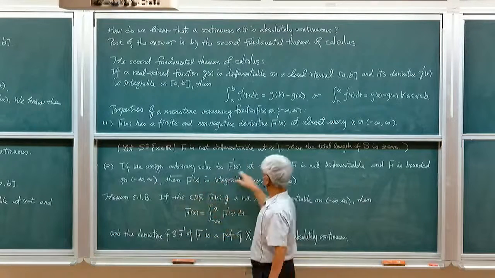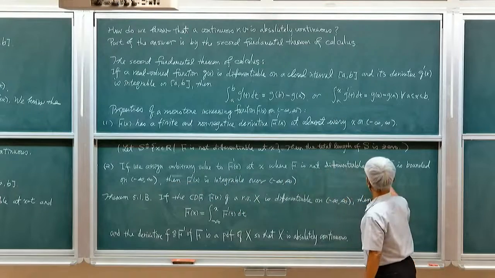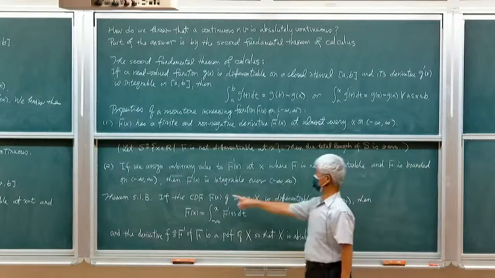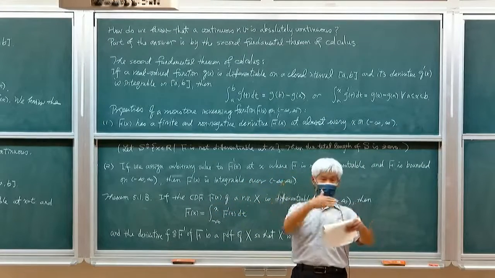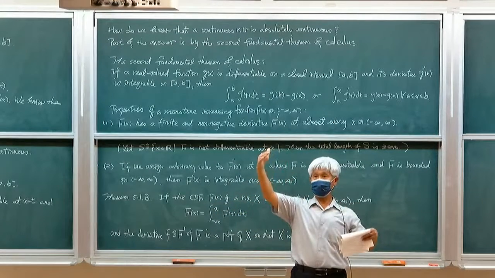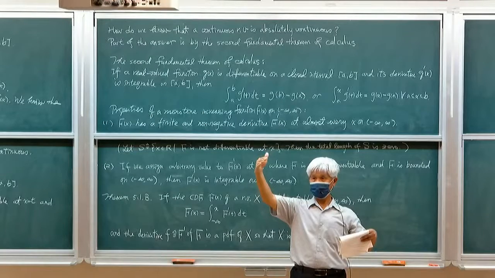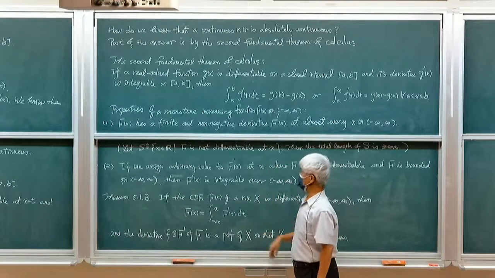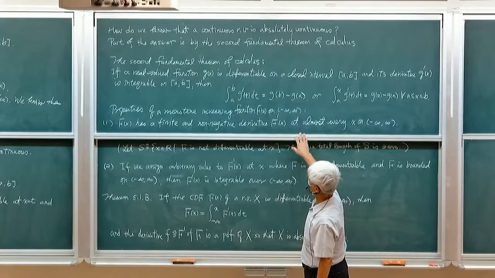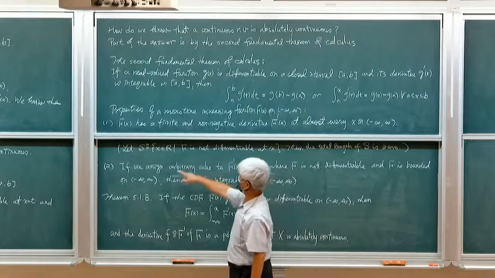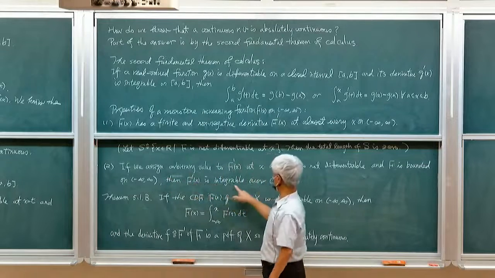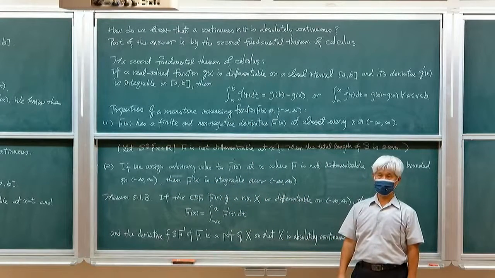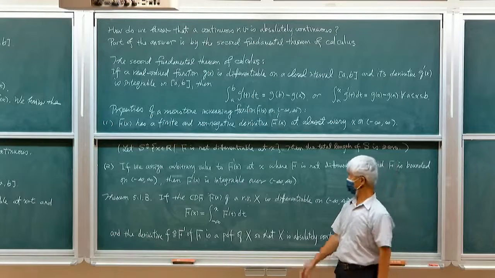All right, and f is bounded. Why? Because a CDF has values between 0 and 1. So it's bounded. And so the second property says that the derivative is integrable. Okay?